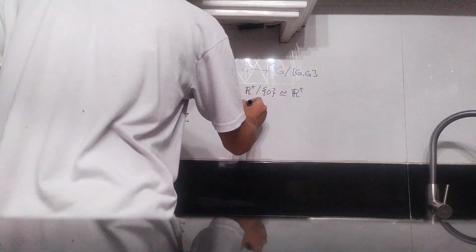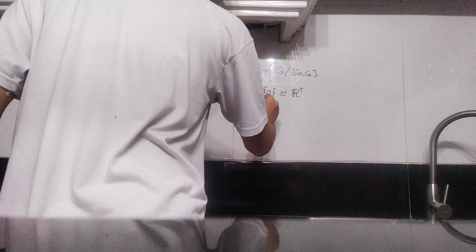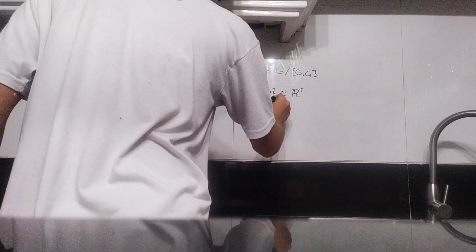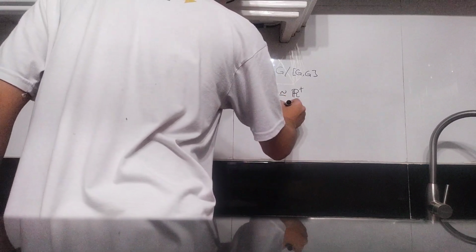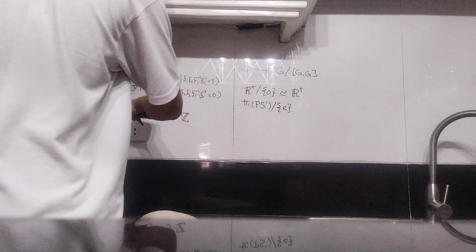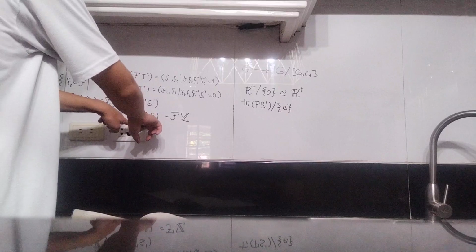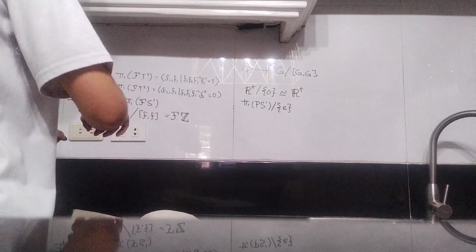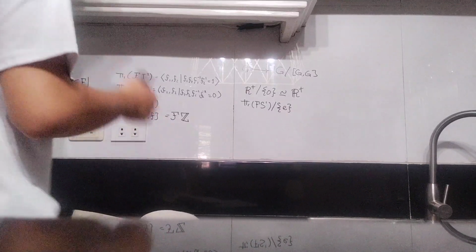So pi 1 of F would be modded out by a singular element E, which is a result of putting this F in itself into the commutator relation.